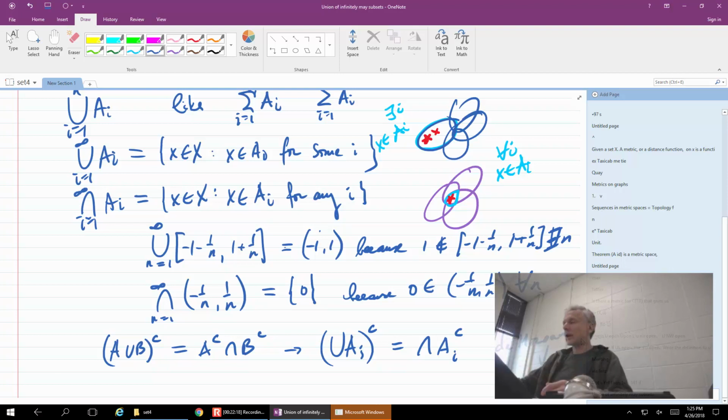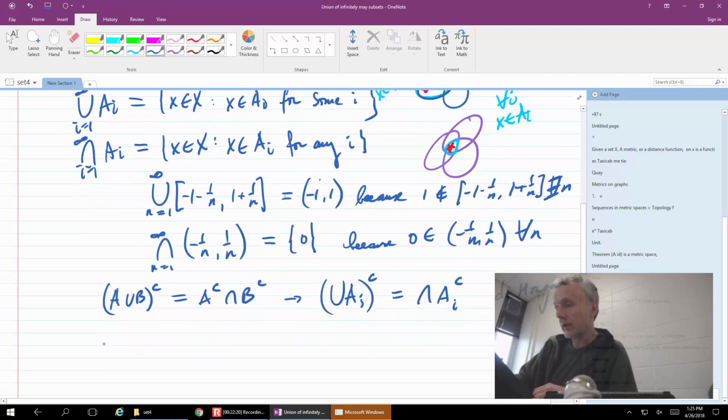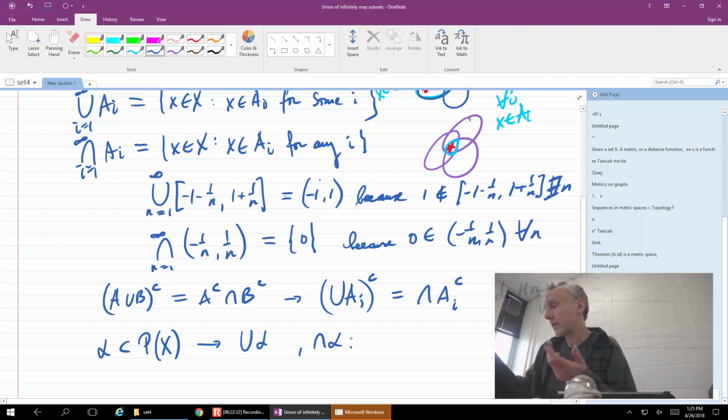Say alpha is a subset of P(X), and then you can speak of the union of alpha, and you can speak of the intersection of alpha. Any collection of sets can be taken into the union and into the intersection. If you look at the definition at the top, it really does not matter whether any actual numbers are involved. So A sub i is really irrelevant.